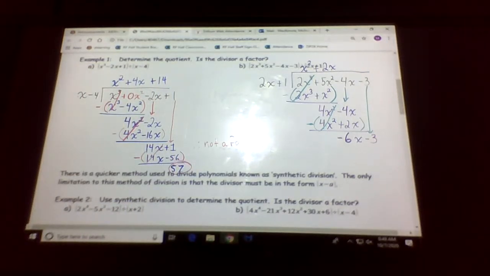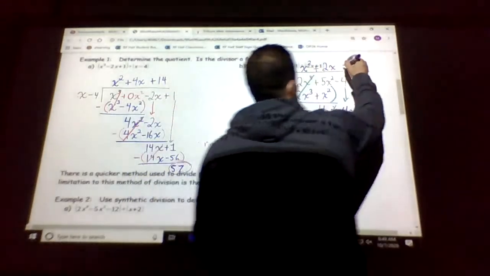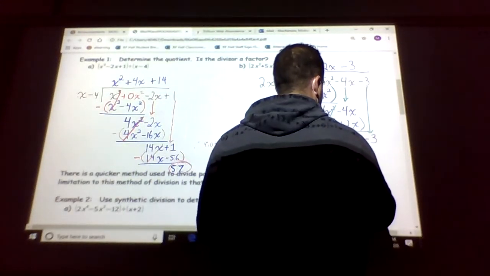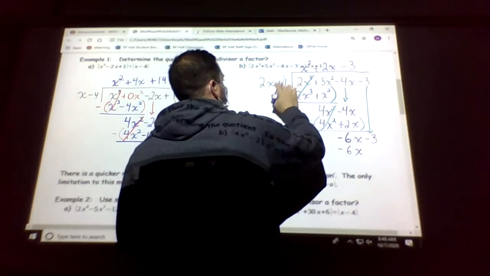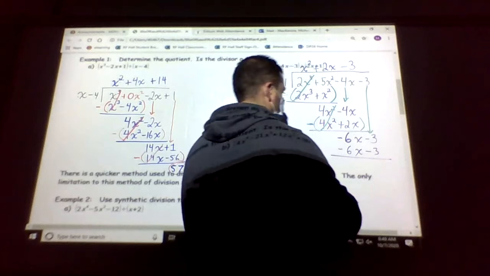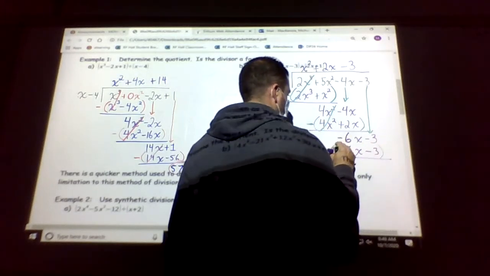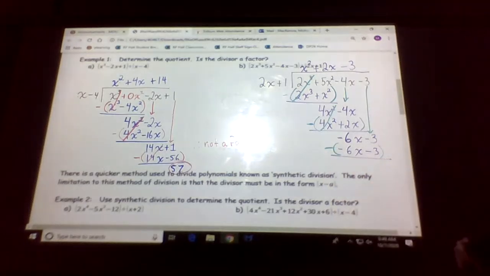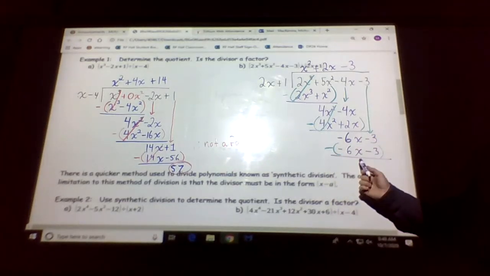Now again, what do we multiply 2x by to get to negative 6x? Negative 3. Good. So negative 3 times 2x is negative 6x. Negative 3 times 1 is negative 3. So we end up getting negative 6 plus 6 is 0.